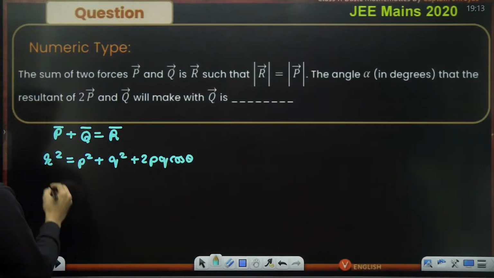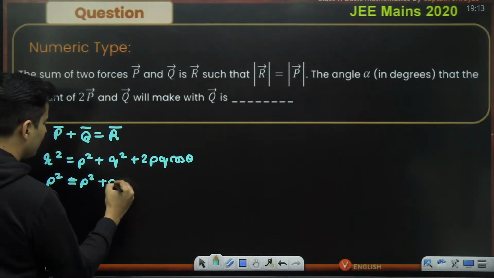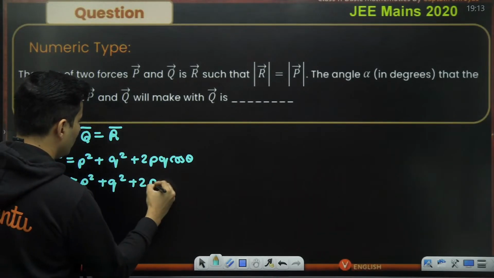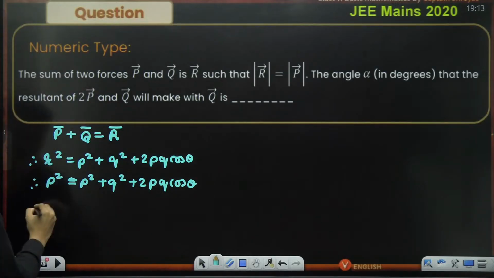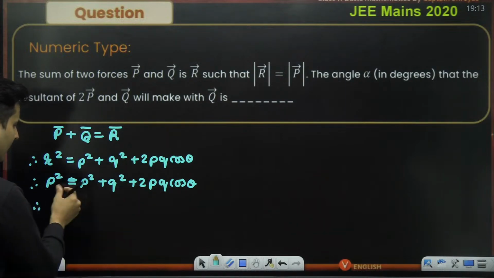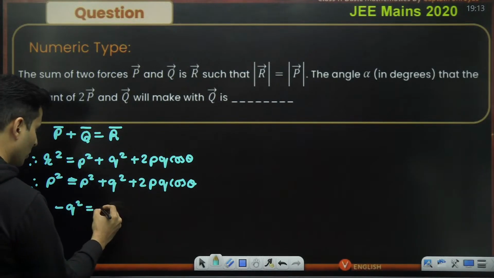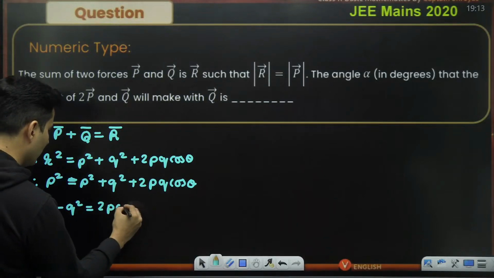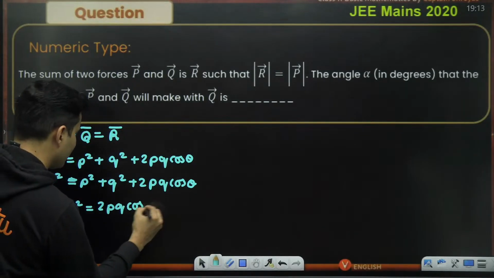So I can just put P square is equal to P square plus Q square plus 2PQ cos theta. P square gets cancelled. I can just get Q square on this side, so minus Q square is equal to 2PQ cos theta.